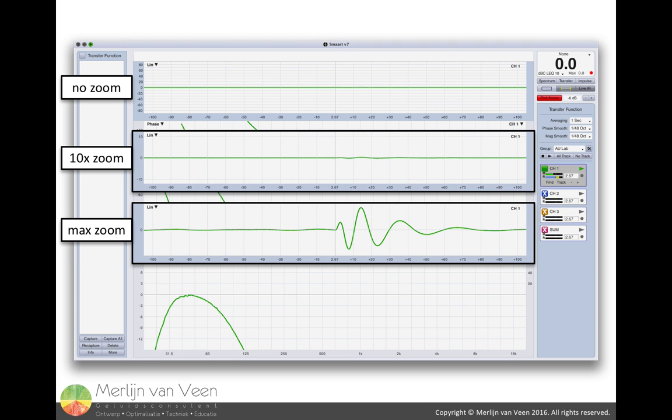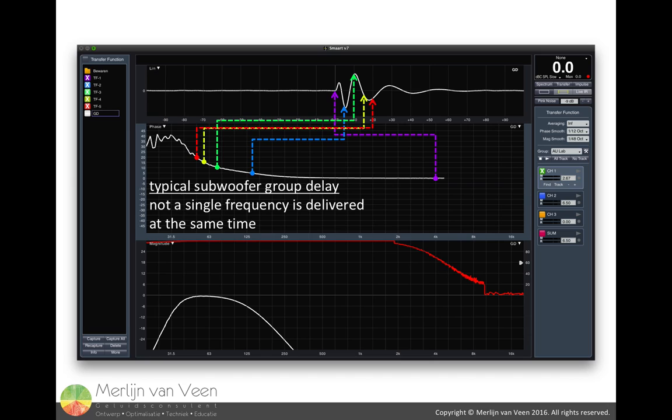And if it does, one should wonder which frequency it has found, knowing that the subwoofer won't be capable of delivering all of them simultaneously. That it has become a stretched function of time. In this case, we are synchronized to the highest frequencies, the start of the waveform in the impulse response plot.